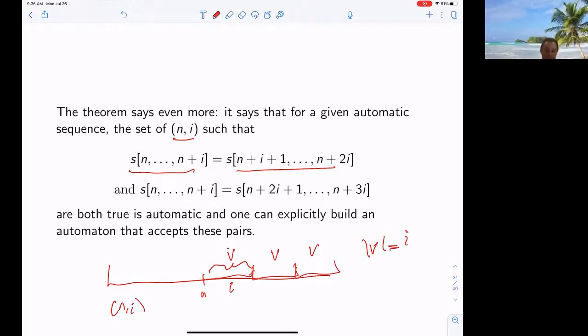What Walnut does is it builds an automaton that accepts these pairs n, i. So it gives a regular language that shows the positions n and the lengths i where I have a cube of a length i factor occurring at position n. So that's what's relevant here for us.